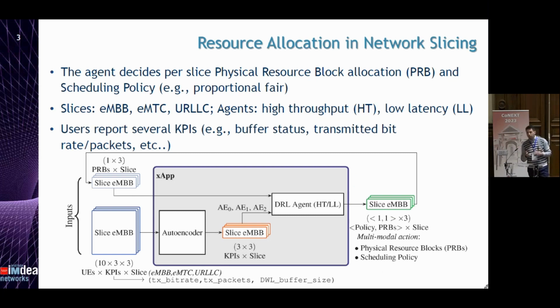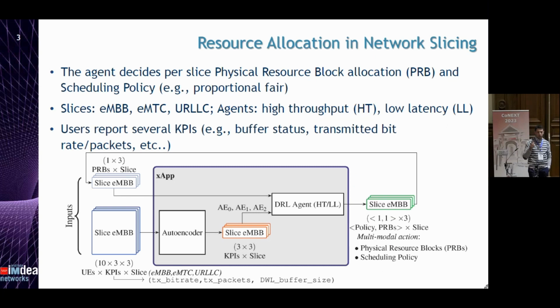So this agent basically has been developed by the folks at Northeastern a couple of years ago, and basically takes a very simple decision. It decides how many frequency resources it assigns for each slice. Each slice basically is like a share of the network, and also the scheduling policies. So basically it takes 2 actions at a time.